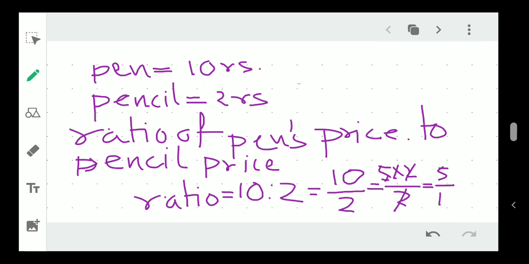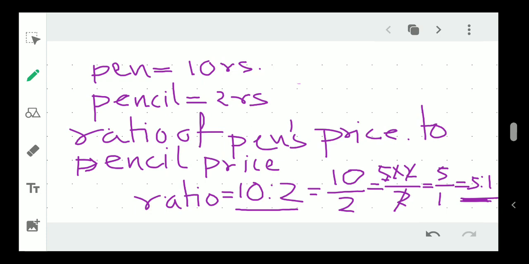So basically I can write 5 by 1, I can write 5 is to 1. So the ratio of pen's price to pencil's price is either 10 is to 2 or 5 is to 1. Basically we represent it in the simpler term, so the simpler and smaller term is 5 is to 1.